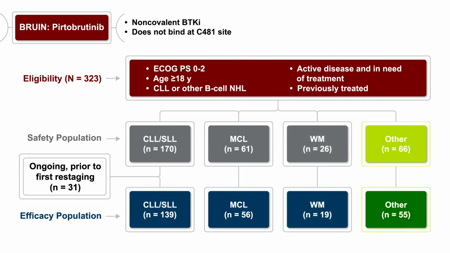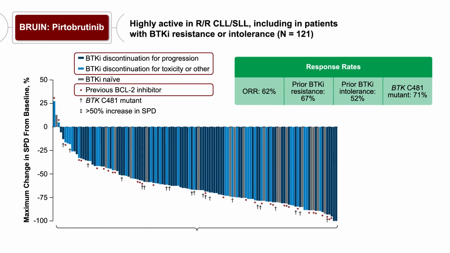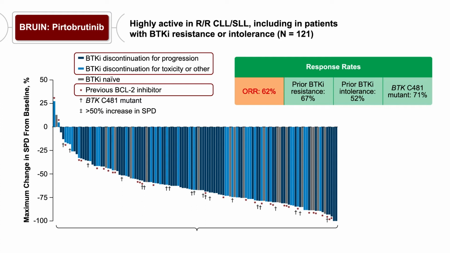as other non-Hodgkin lymphomas. What we found in this study is that pirtobrutinib was highly active in relapsed refractory CLL. But a key finding was that it was effective even among patients who had prior BTK therapy. The overall response rate for all patients with CLL was 62%.